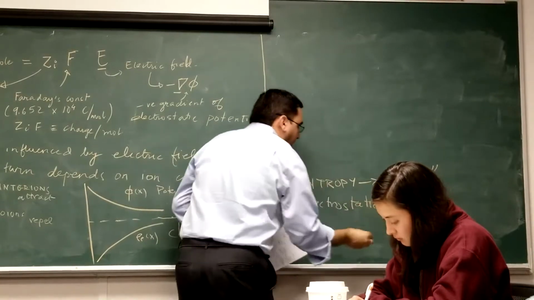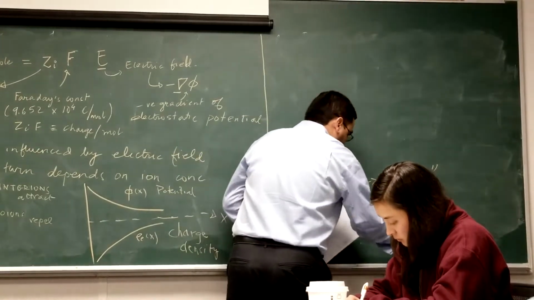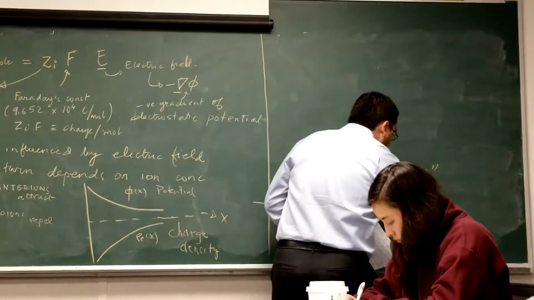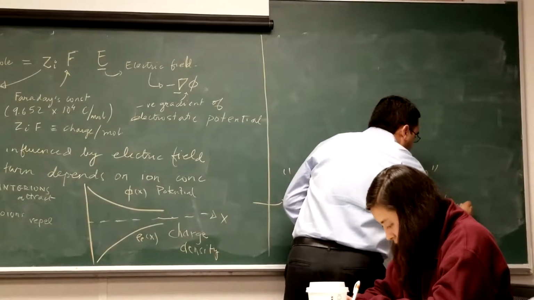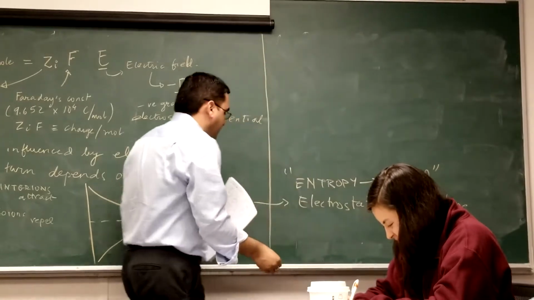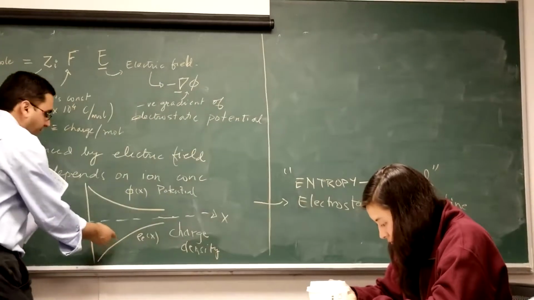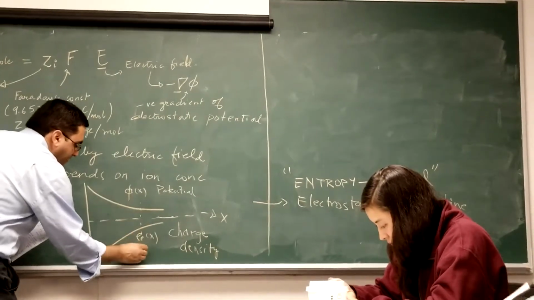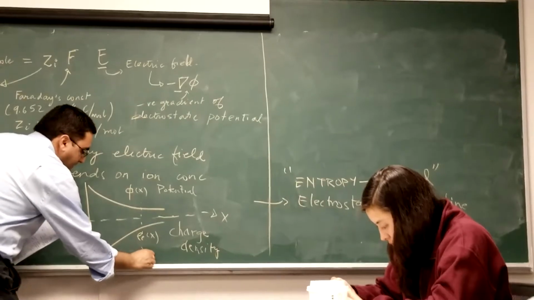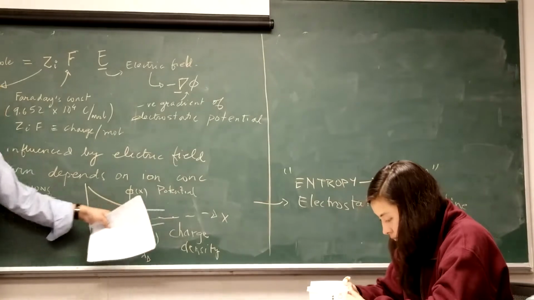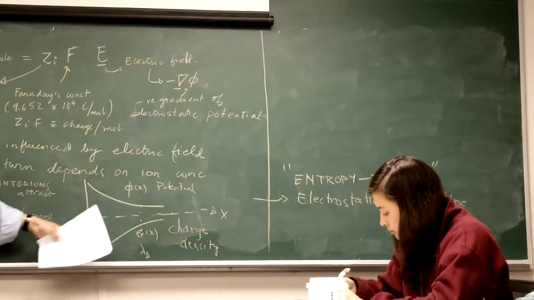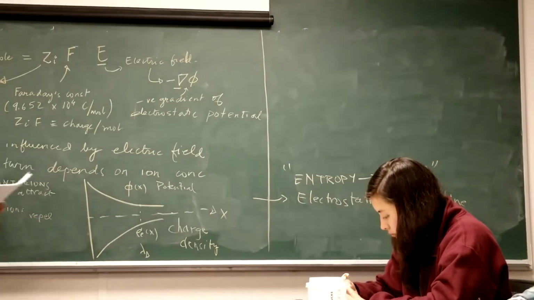And they are trying to restrict or confine ions, and between the battle of these two, make sure that there is some length scale, lambda D or Levi length, to which you get sort of a cloud of ions, and there's a distribution which we'll calculate.